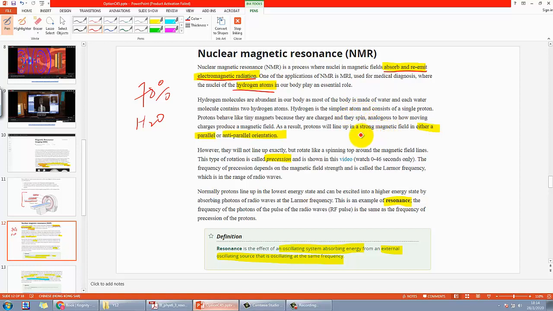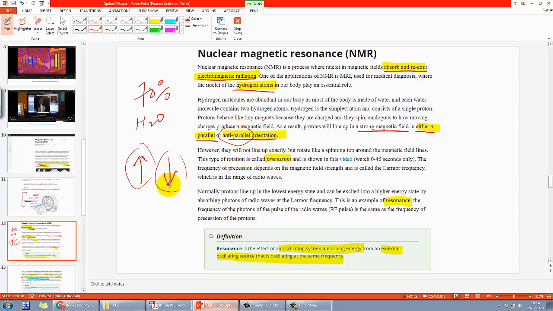When we align with the strong magnetic field, the spin will be in either parallel or anti-parallel orientation. The spin is either up or down. If we say up is parallel, then down is anti-parallel, so basically the opposite direction.